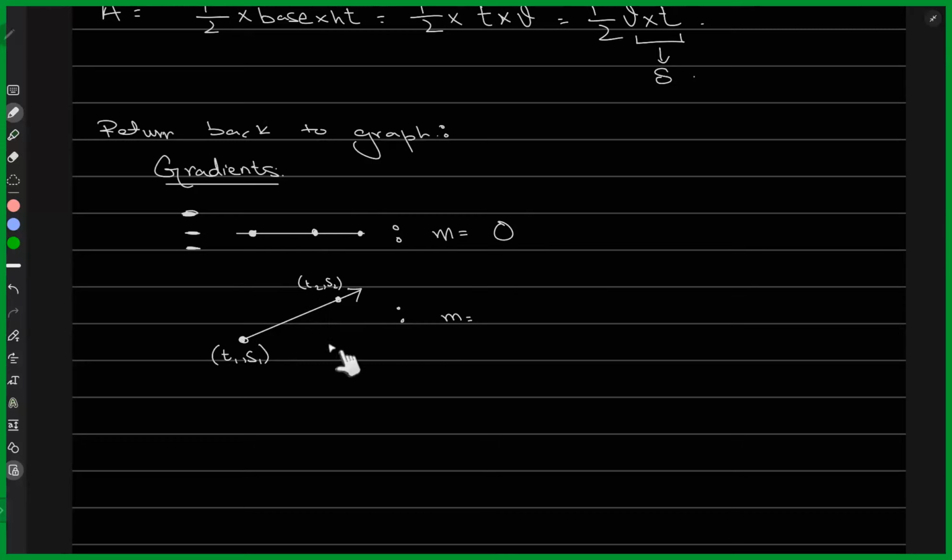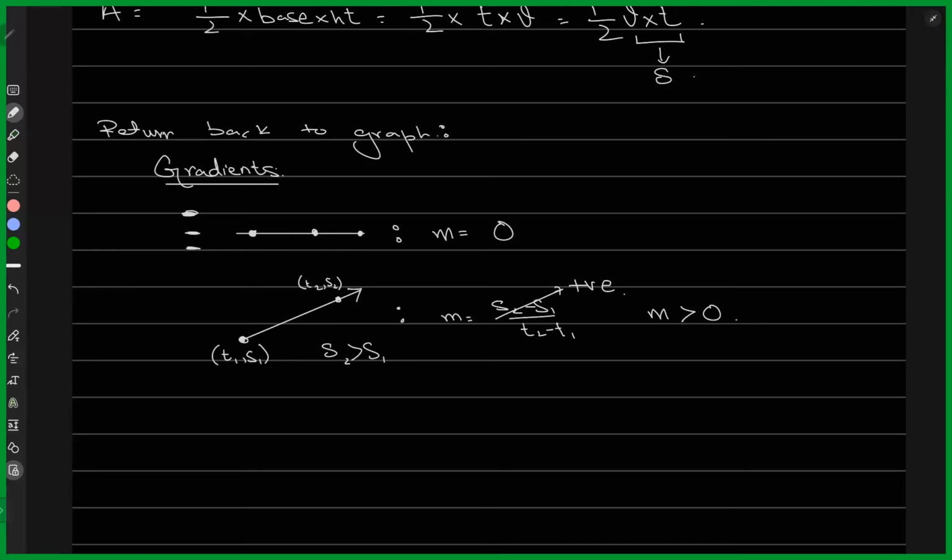So given that, the gradient is change in S, which is S2 minus S1, divided by T2 minus T1. If S2 is greater than S1, then this term is always positive, so the gradient in this case is greater than 0.